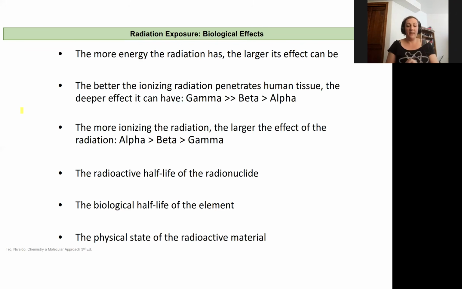The radioactive half-life of the radionuclide is also really important. If it's a short half-life, the exposure overall will be shorter, whereas if it's a longer half-life, it'll continue to do damage for more time. But while we think about the half-life of the particle, there's also a biological half-life for any element. Let's say I ingest a radioactive isotope for a treatment or for a diagnostic test, and it's going to stay in my body for a whole month, except my body will also potentially be flushing it out.